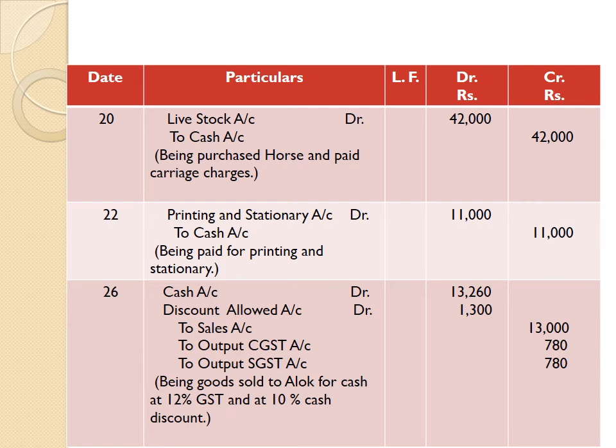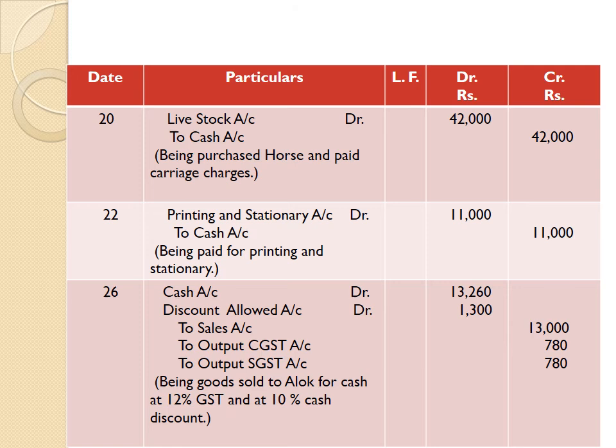We are prefixing output central GST, half of 1,560, 780. To output SGST account 780. Total of it 14,560.